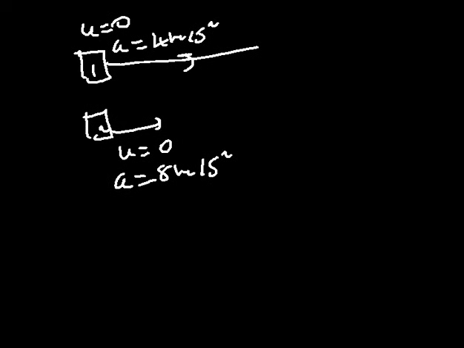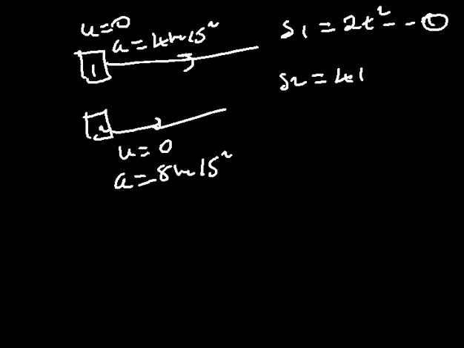Now, where do you expect object 1 to overtake object 2, or object 2 to overtake object 1, or the objects to overtake each other, and after how long? That's the point of interest. Using the displacement equations, S1 will be given as 2t square. That is equation 1. And S2 will be given as 4t square.